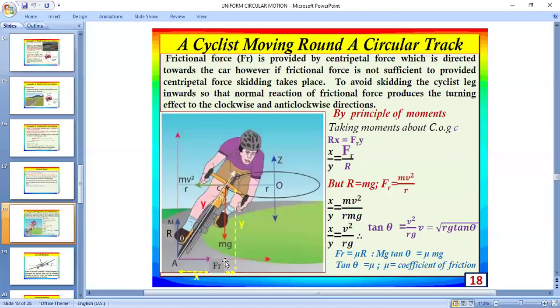So this one acts like a body which is in equilibrium, where we have the pivot and we have the moments. So here we take moments about C. Where is C?